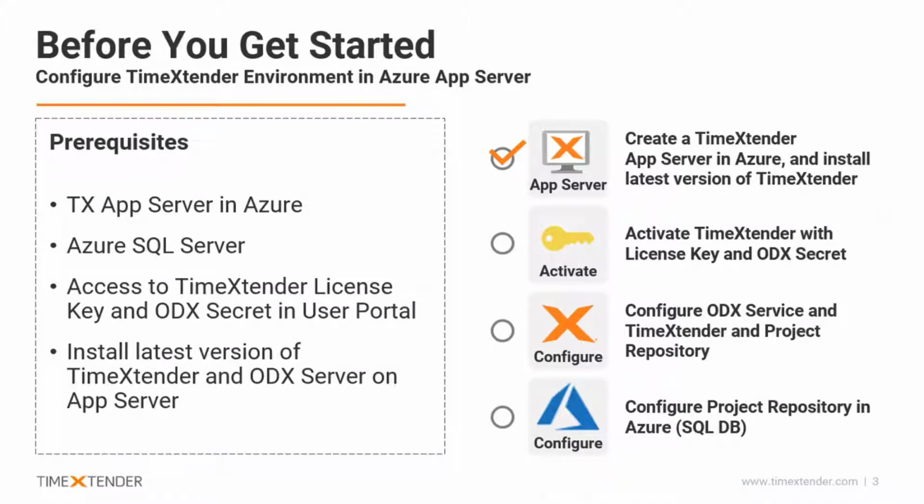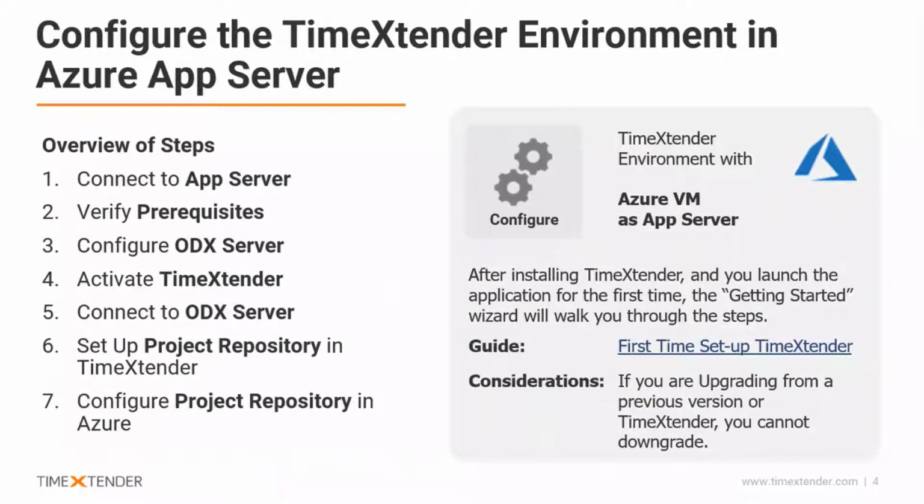We need a TX app server in Azure. We need an Azure SQL Server. We need access to the TimeXtender license and ODX secret. And then, of course, we need to install the latest version of TimeXtender. What we're going to go through today are essentially these steps. And instead of calling out all the steps, I'm just going to go ahead and jump right in.